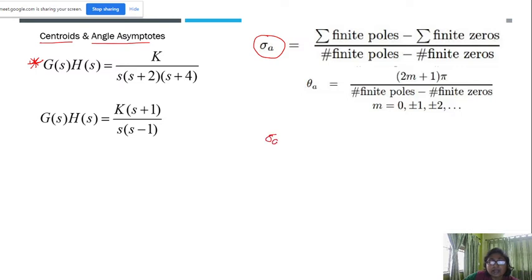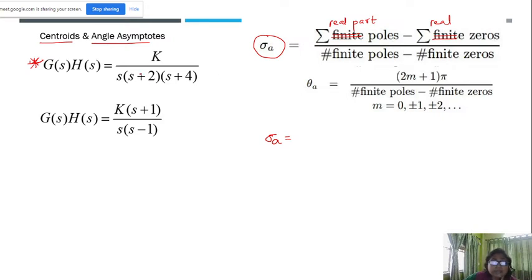Sigma A, the centroid, will be the finite summation of poles, that means summation of real parts of poles. Only you have to consider the real parts of poles and real parts of zeros, and the summation of them.